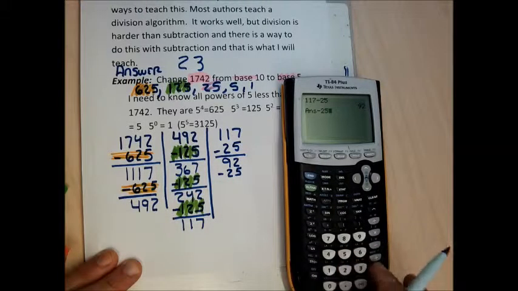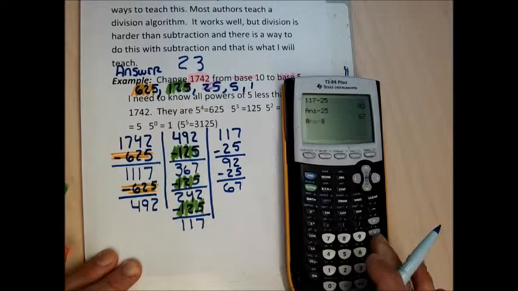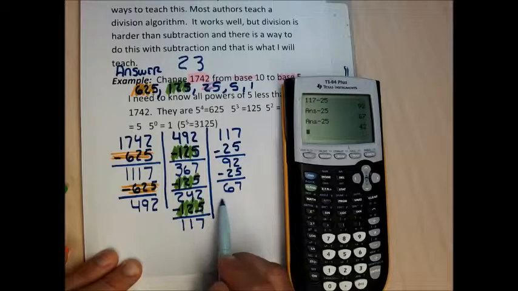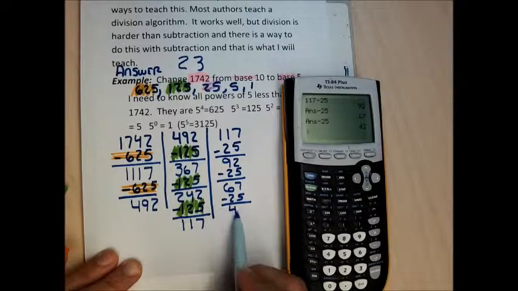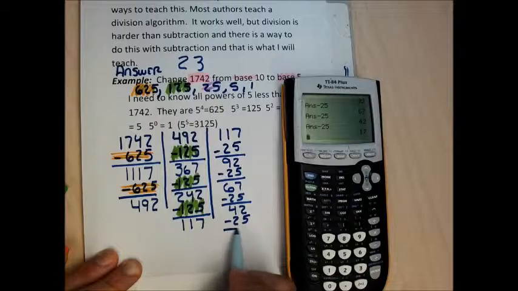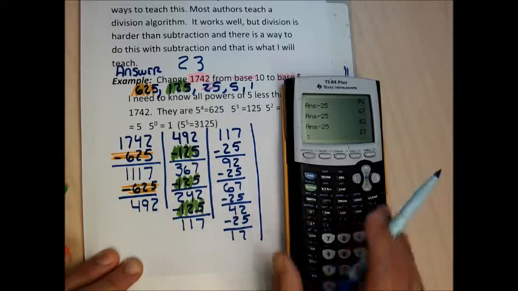Minus 25 a second time gives me 67. Bigger than 25, so I subtract again. Minus 25 a third time gives me 42. That's bigger than 25, so I subtract again. Minus 25 a fourth time, I get 17. That's less than 25, so I'm done subtracting 25.